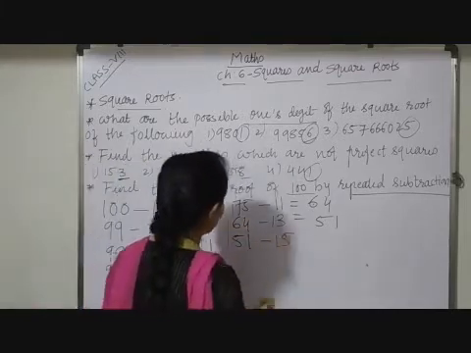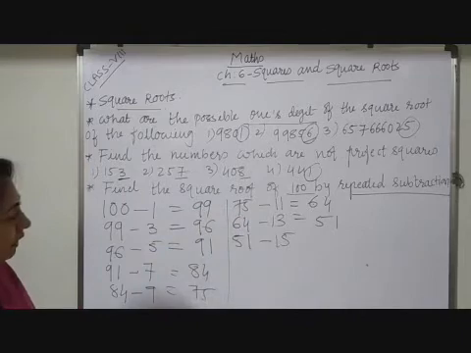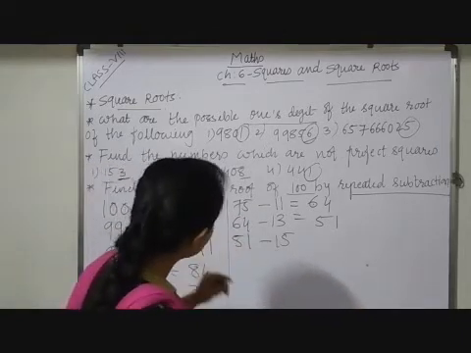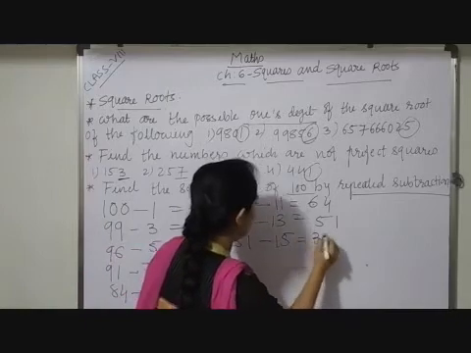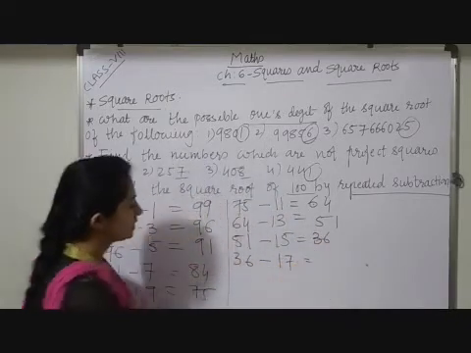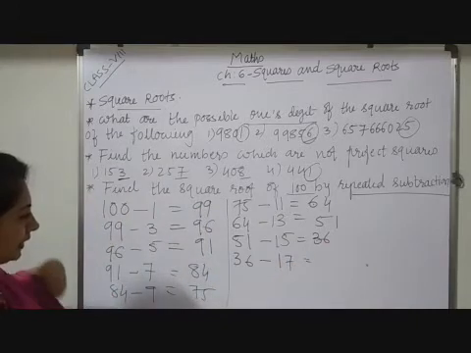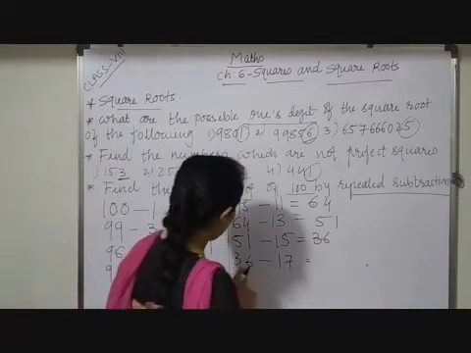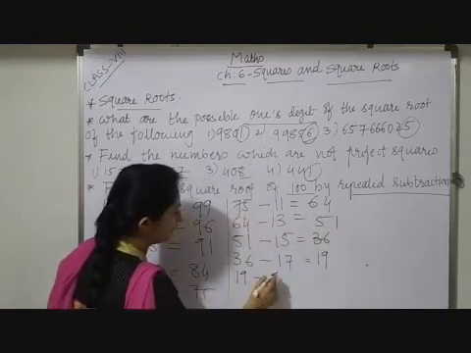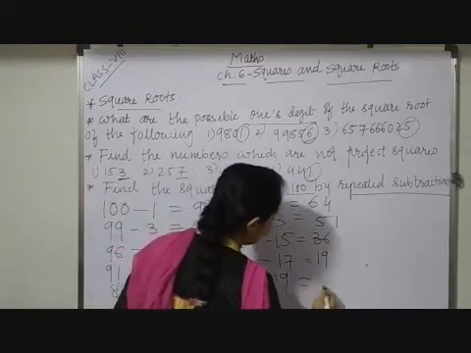So subtract 15 from 51. We'll get 36. Now 36 minus 17, subtract it. So here we will get 19, and 19 minus the next odd number, 19, equals 0.